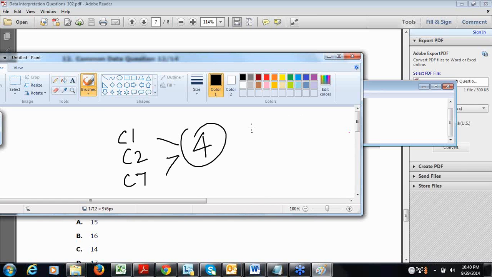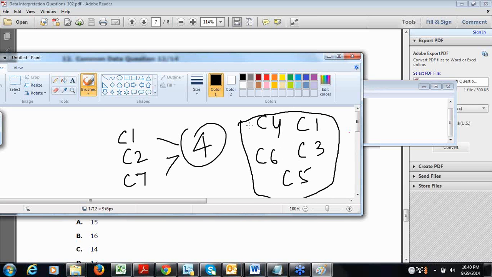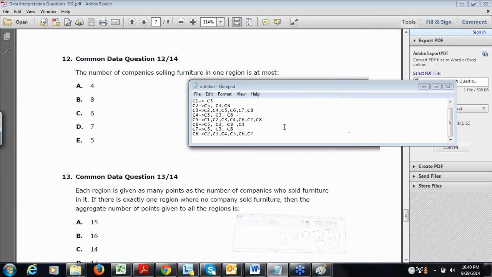So the region, in order to have the maximum computers, will have C4 and C6. What else could be? C1, C3 and C5. So the maximum it can have is 5 computers. So we'll go ahead and mark option number E, 5 computers.